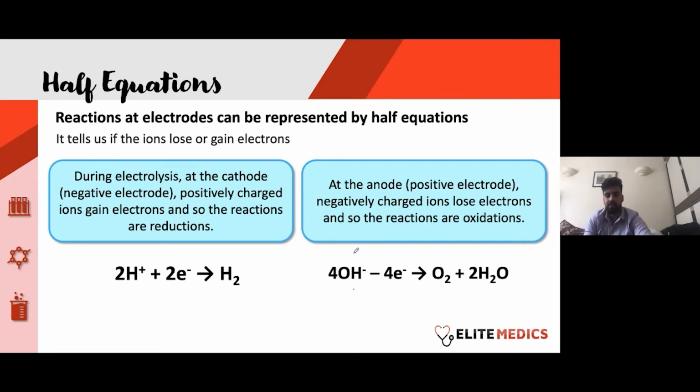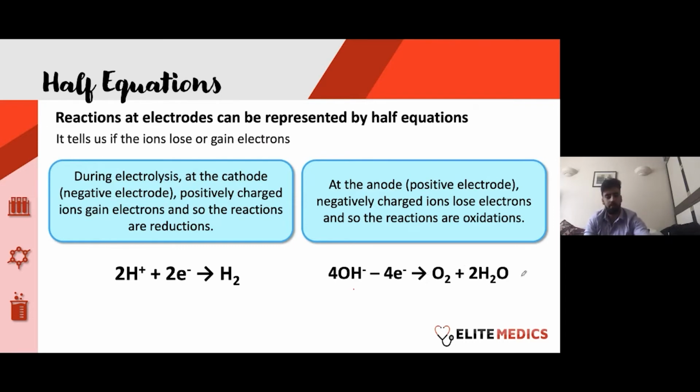This is quite interesting. This is your OH minus ions. So if you do the electrolysis of water, you're going to have your OH minus attracted to the anode. What's going to happen is OH minus turns into oxygen and water. And then if you look at the charge, you know that this is 4 minus charge. So you want to lose 4 minus charge.